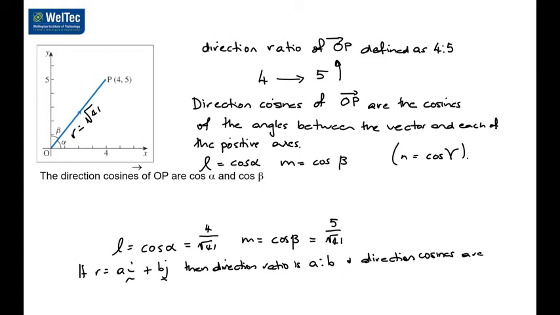So L is a over the square root of a squared plus b squared, and M is b over the square root of a squared plus b squared. Now, if we think about it, L squared plus M squared must equal 1, and you can prove it just by doing some algebra there, adding the fractions.